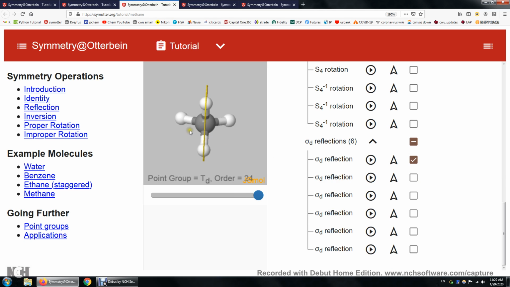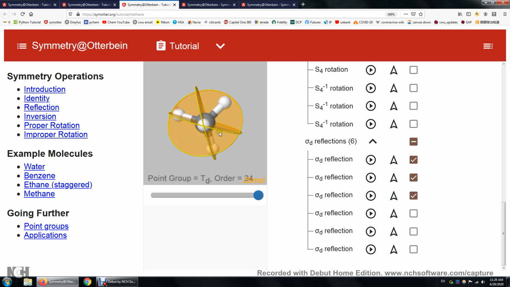I want you to imagine a C2 axis perpendicular to the screen and passes through this carbon. And this sigma D contains that C2 axis. All right, and also you can see each of the sigma D planes contain 1 carbon and 2 hydrogen atoms.